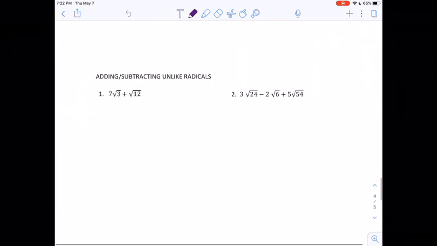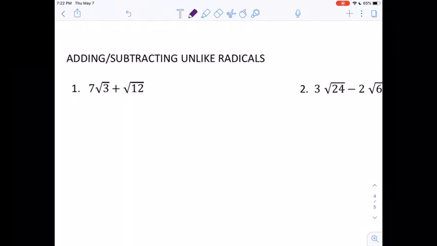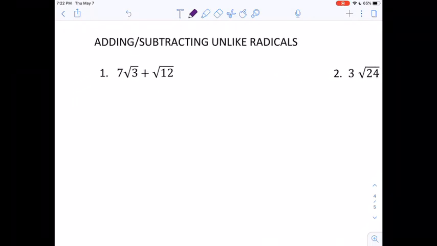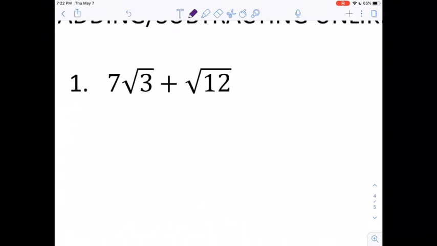Okay. The last few examples, so when we're adding and subtracting unlike radicals, what you need to do is you need to simplify your radicals to see if you have a like radical. Okay, so right now these are not the same, but I do see that I could simplify this right here.